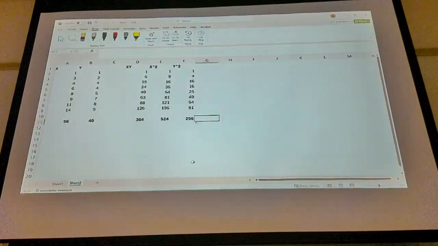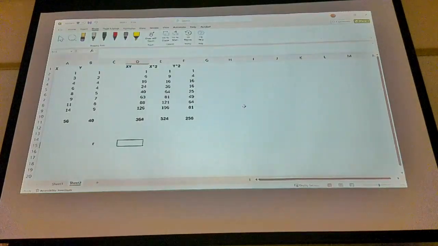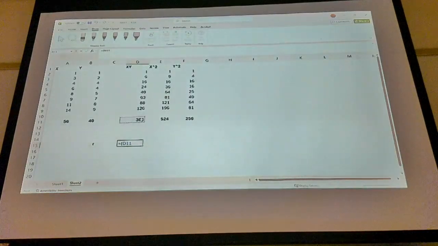Okay, now comes the fun part. Come down here. We're going to need R, the linear coefficient. Okay, what was its formula? It's the sum of x times y, right? Plus, right? I actually don't recall it off the top of my head, and this doesn't tell me what the formula is.